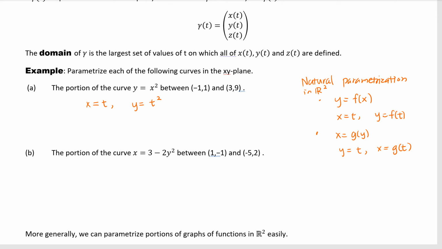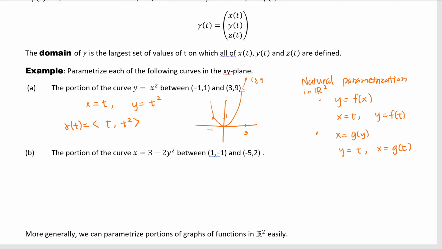So gamma of t in this case has x is t, y is t squared. And what is this? We know y equals x squared is a parabola. Now we want to see between minus 1, 1 and 3, 9, so 3, 9 is somewhere there.